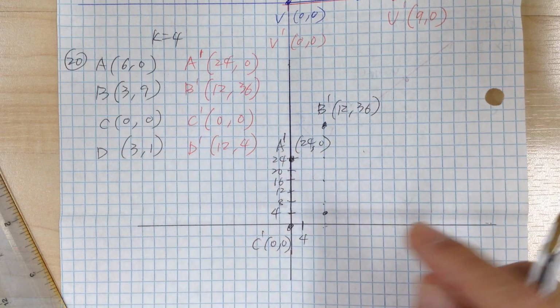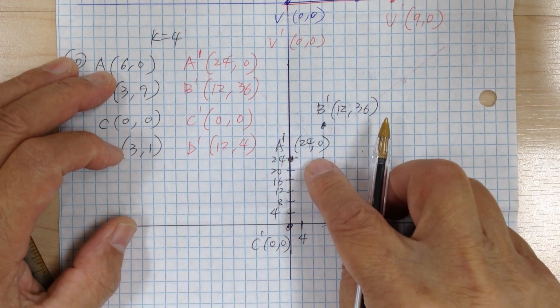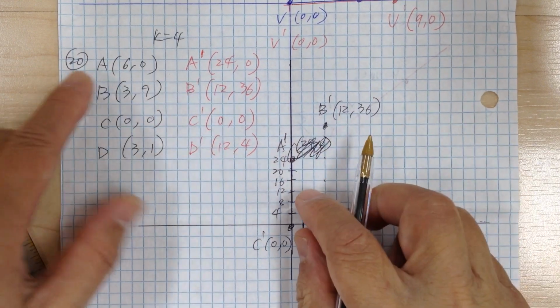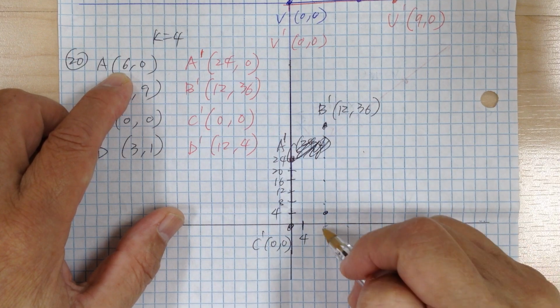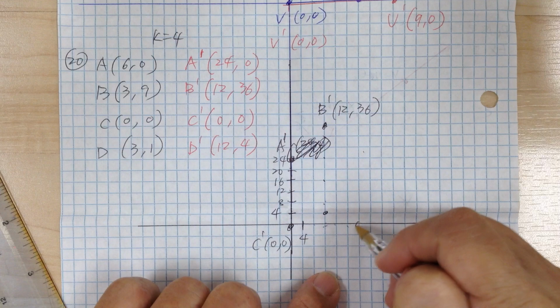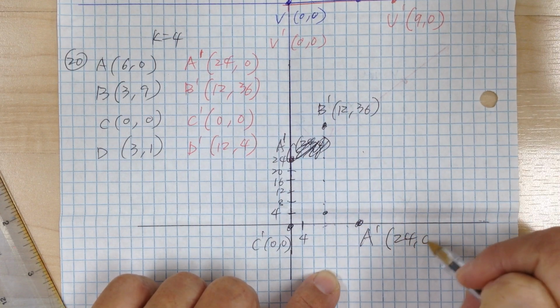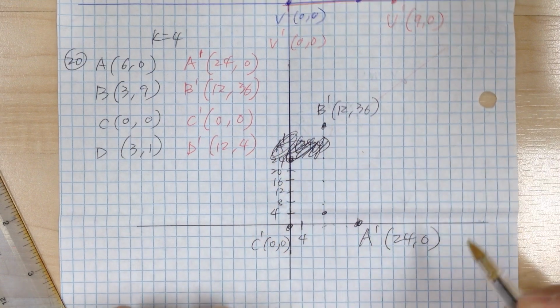Okay, so actually this is wrong. You have to watch your X and the Y. This one has to go X first. So here's your A prime, 24, 0. Yeah, so watch your X and the Y. So this is not correct.